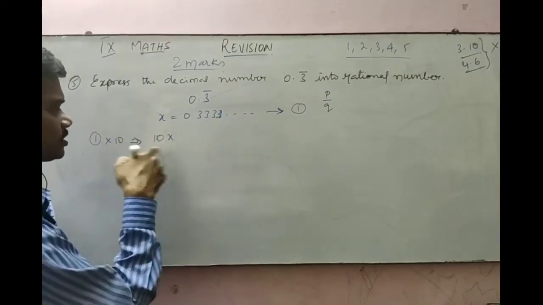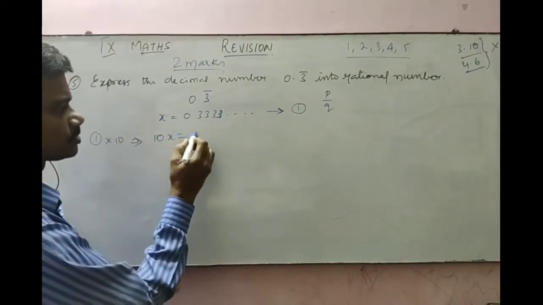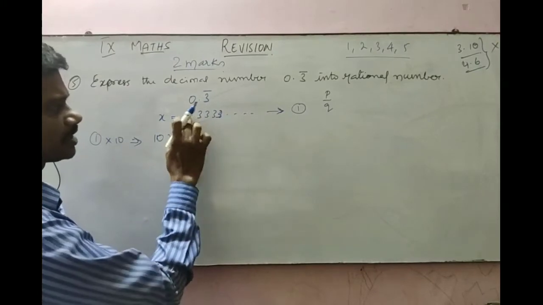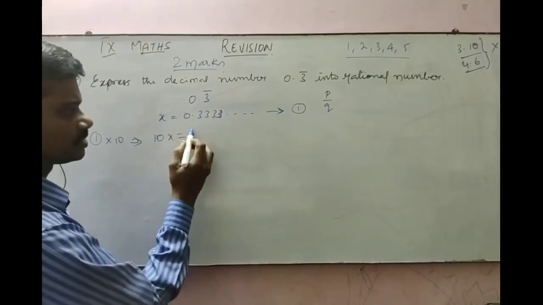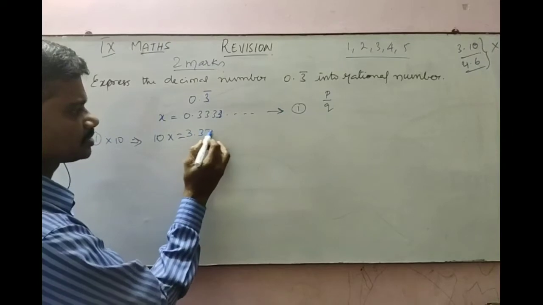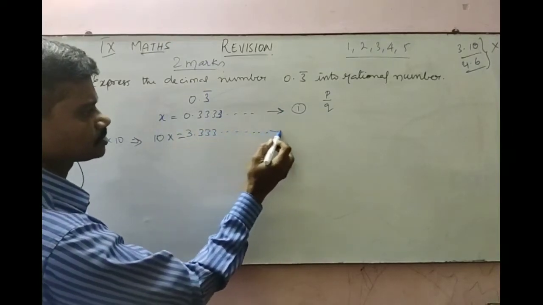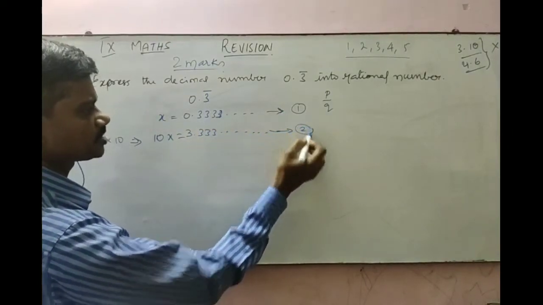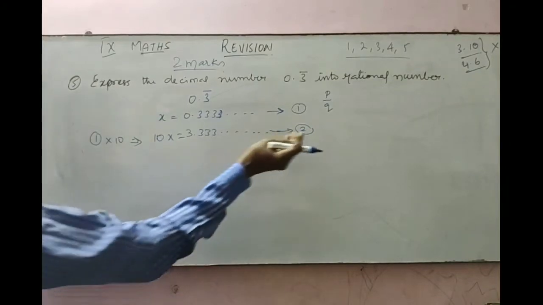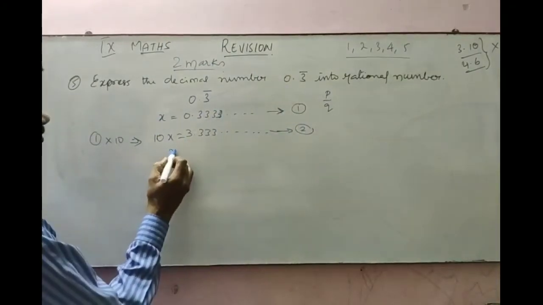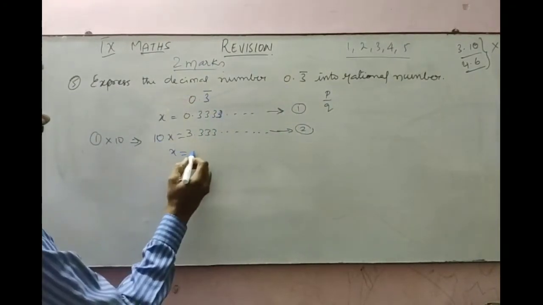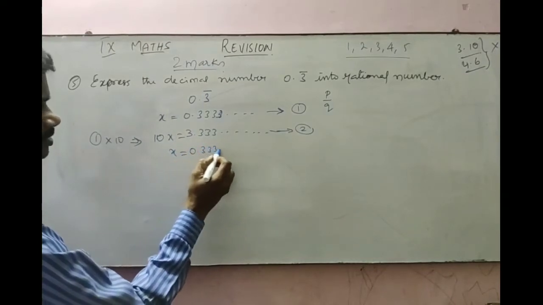Multiplying the number by 10 moves the decimal one digit to the right, so you will get 3.333, like that. Keep this as equation 2. Now I am going to subtract equation 1 from equation 2. So I am going to bring this equation here, 0.333, like that.